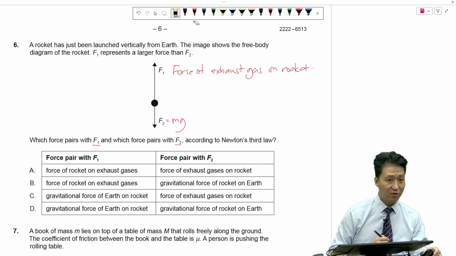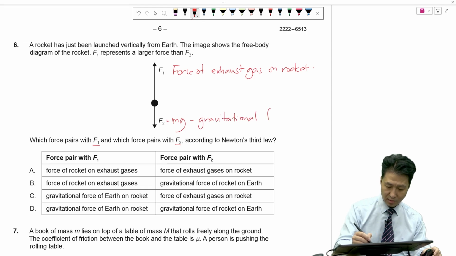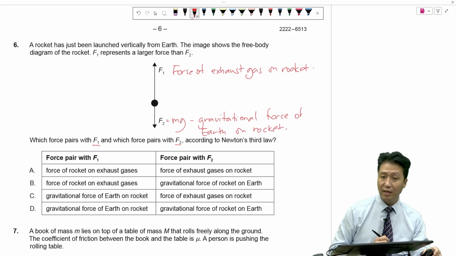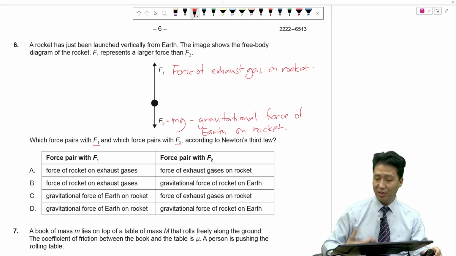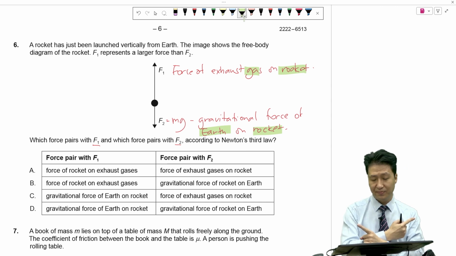F2 being the gravitational force or weight is the gravitational force of Earth on the rocket. And the way you get the equal and opposite force according to Newton's third law is you take the noun and object, and you switch them.